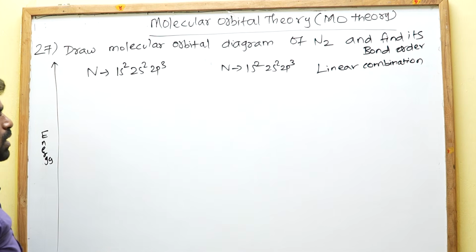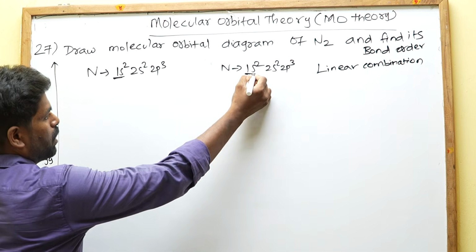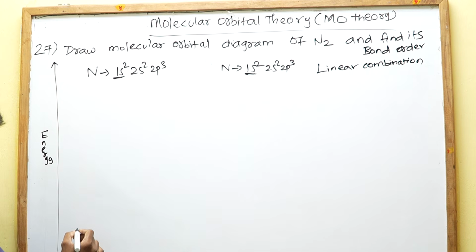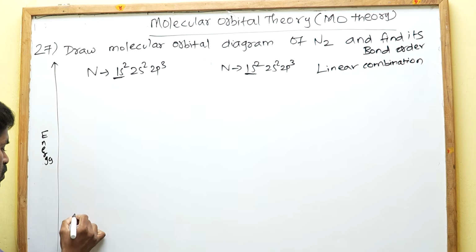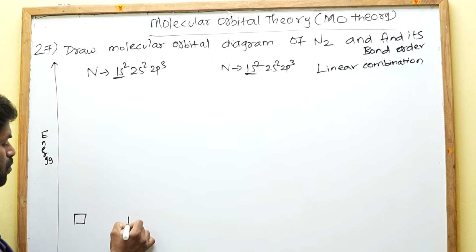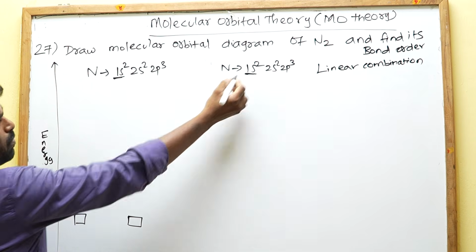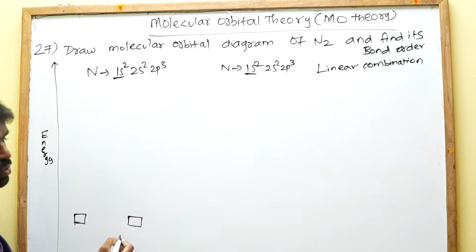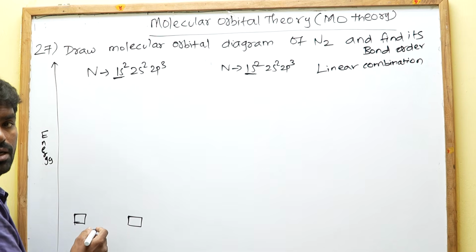So let's start with the atomic orbitals. We have to start with 1s2 and 1s2. Let me draw from the bottom: 1s of this nitrogen and 1s of this nitrogen. These two are called atomic orbitals.